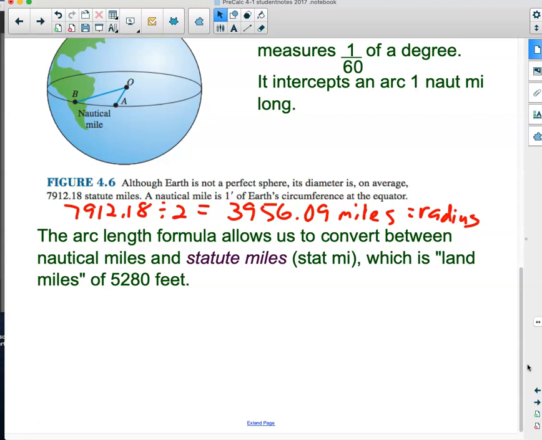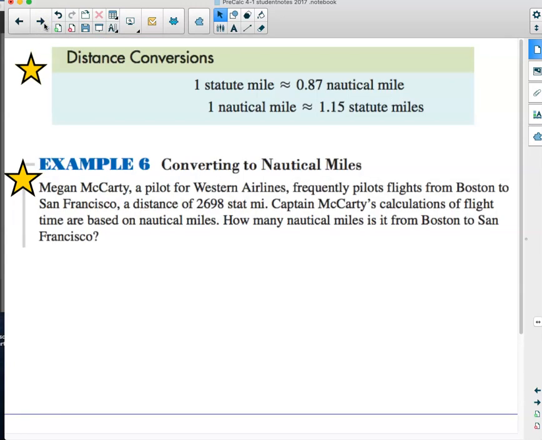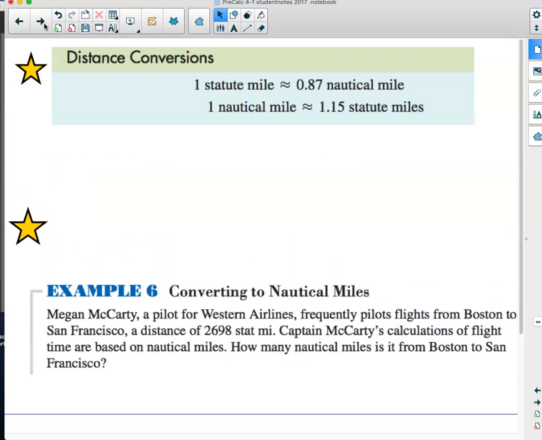So we have to be able to transfer those over. Now, the key to this is that nautical mile is 1 minute of Earth's circumference at the equator. So, I'm going to move this down. Need a little space here.